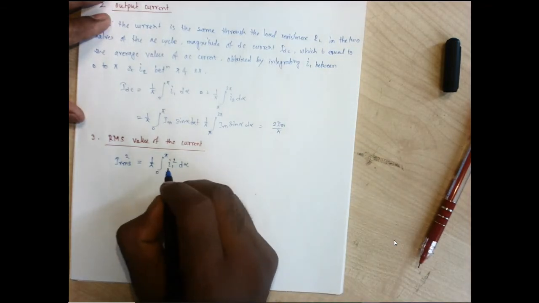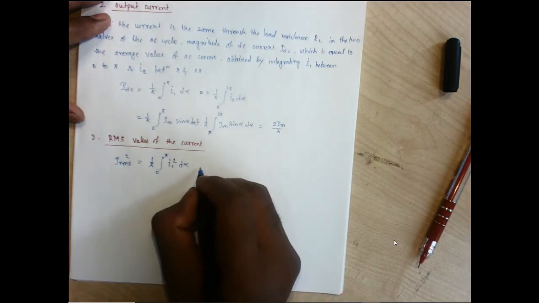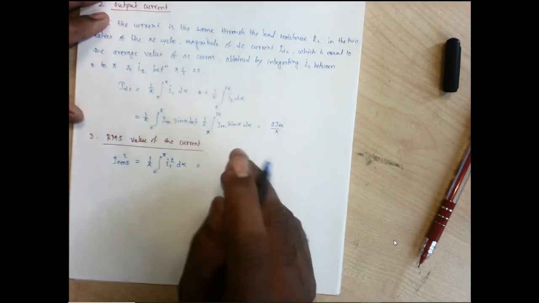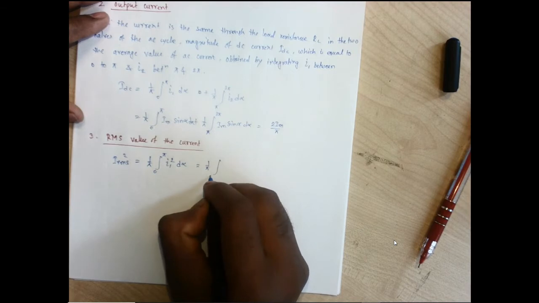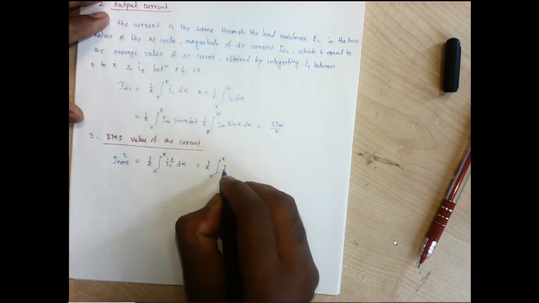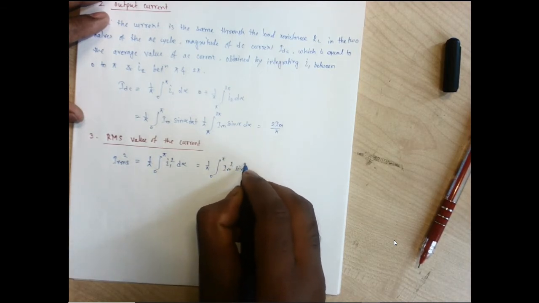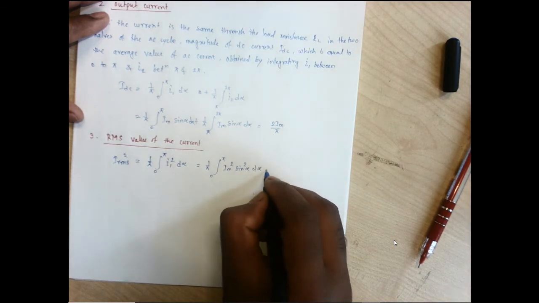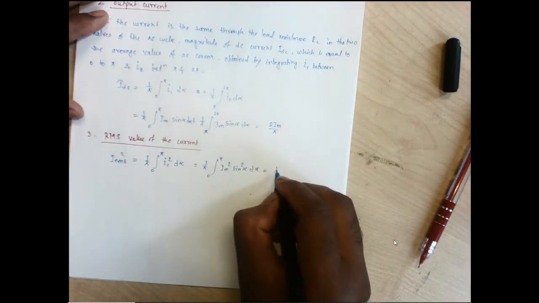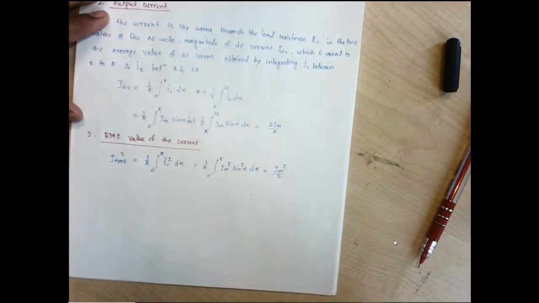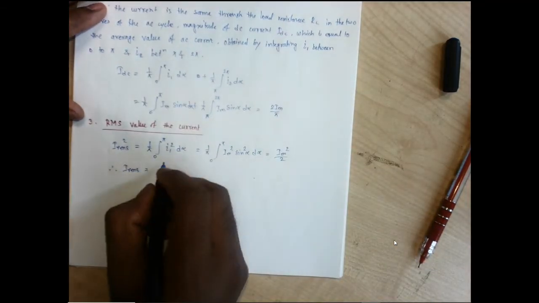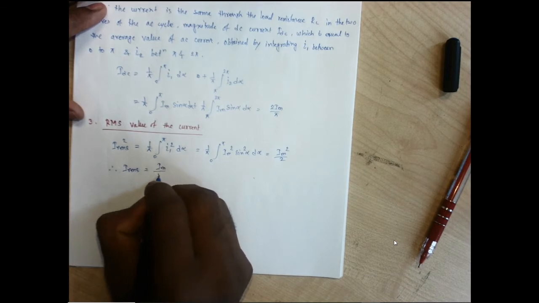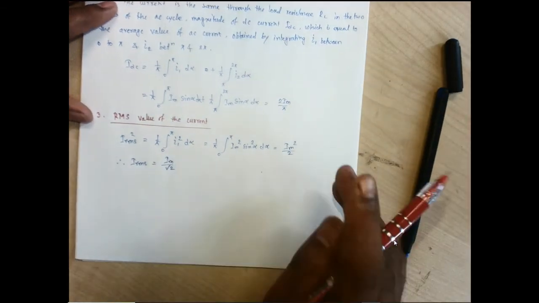So taking the RMS value, that will be 1 by pi Im square integral sin square alpha d alpha, which comes out as Im square by 2. Therefore I RMS is Im by root 2. So we have all the components with us.